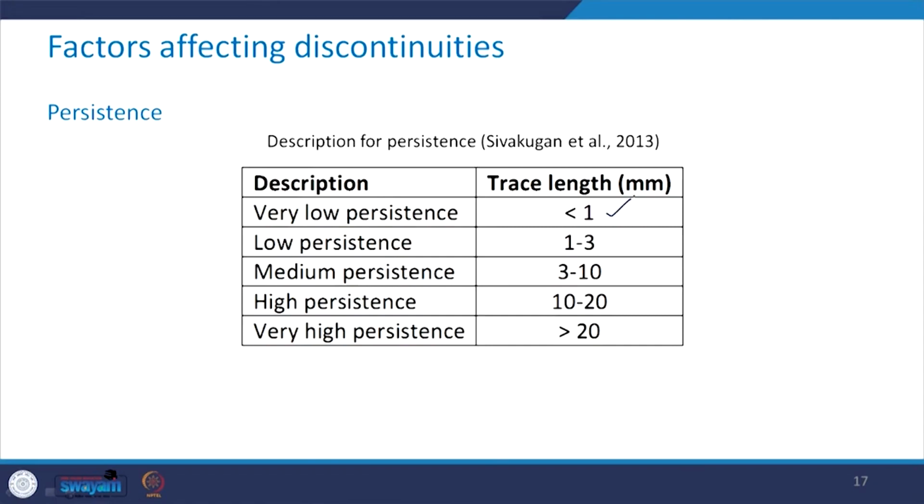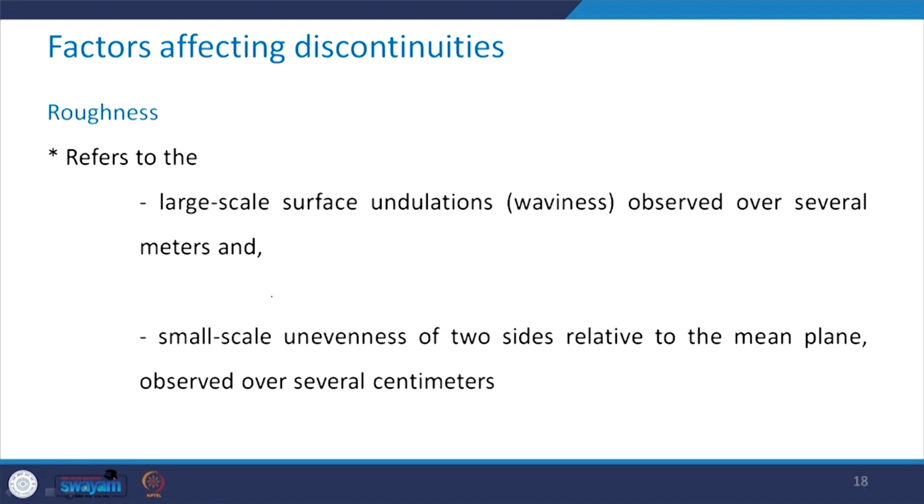If the trace length is less than 1 millimeter, then it is very low persistence. If it is 1 to 3 millimeter, then it is low persistence, and so on. If it is more than 20 millimeter, then it is very high persistence. So, this is how the description for the persistence can be defined based upon the trace length of the discontinuities.